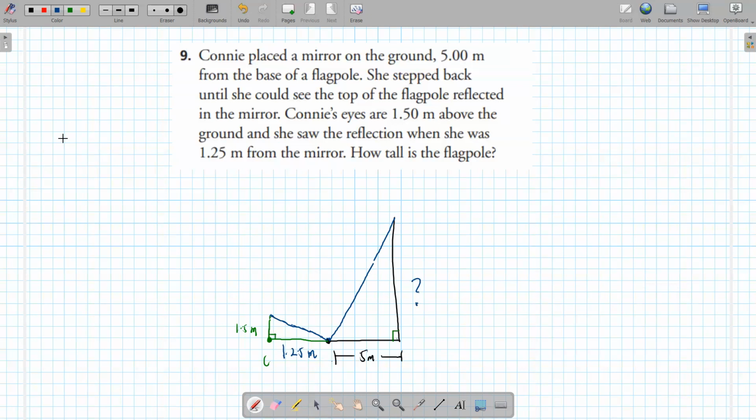We need to show that they share two angles. The only other angle they could possibly share is this. Now, are these two angles equal to each other? They're not opposite angles, right? If it was like this, then yeah, it'd be for sure. But are these two equal? So this kind of comes from a little bit of physics. The answer to that is yes.